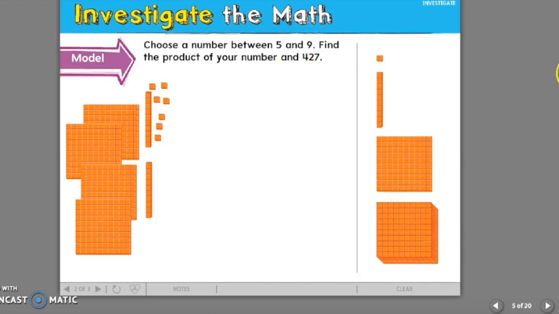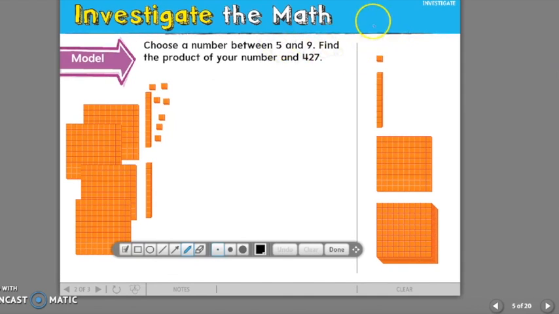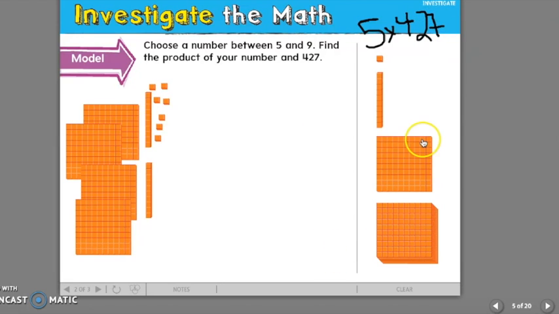And I'm going to do this 5 times because my problem that I chose was 5 times 427. So I'm going to model this 4 more times for a total of 5 really quickly.